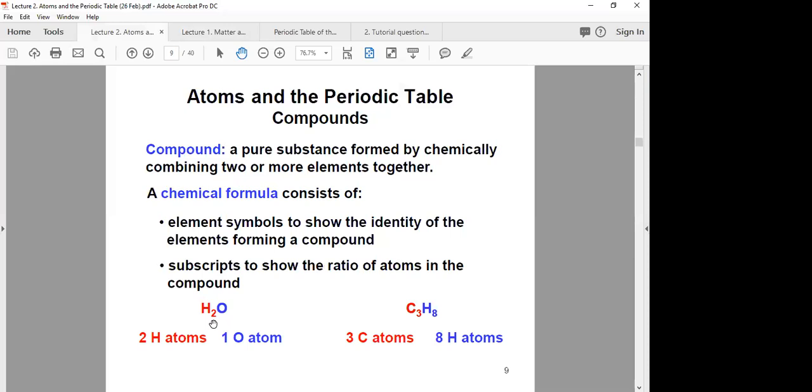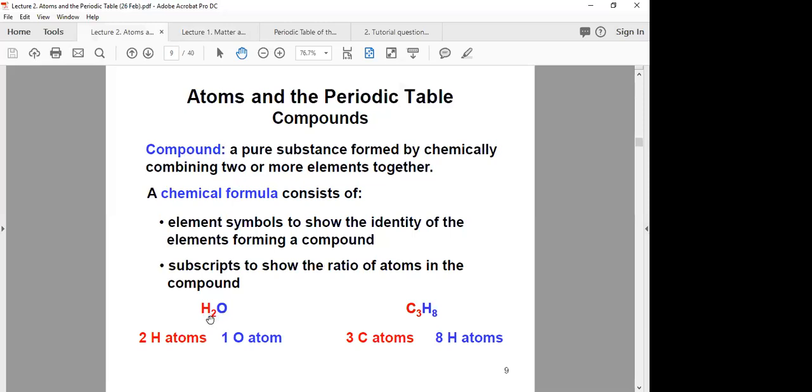All right, so what does this tell us? We have an element symbol there, H, which you know stands for hydrogen, and we have another element symbol, O, which is for oxygen, and then we have here a subscript, the number 2. When you see a subscript placed after the element symbol, that means that there are 2 hydrogens. In this case, there's no subscript, so we have 1 oxygen.